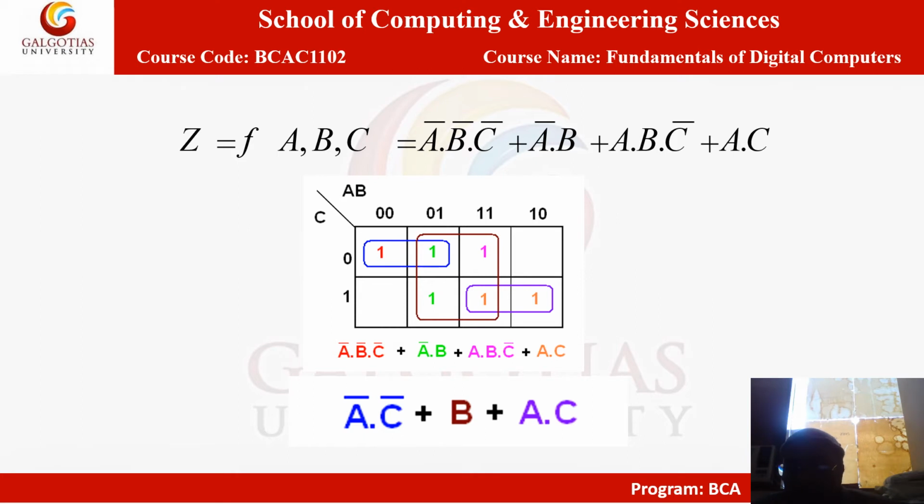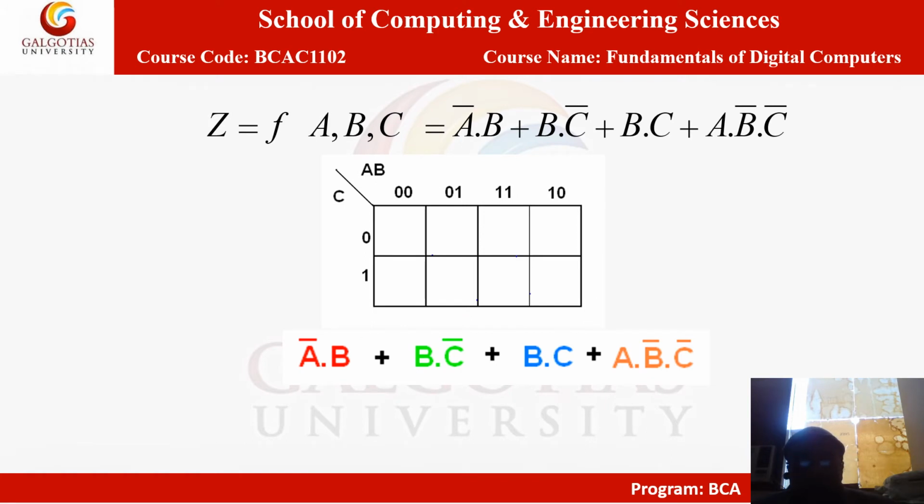And B is changing, so we will leave B and keep A and C. So this combination can be represented by A dot C. Is it clear? Yeah. Okay.